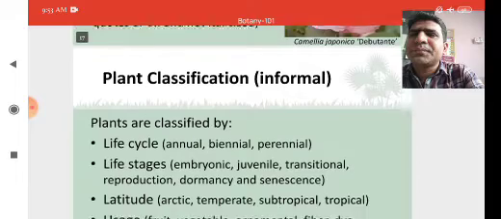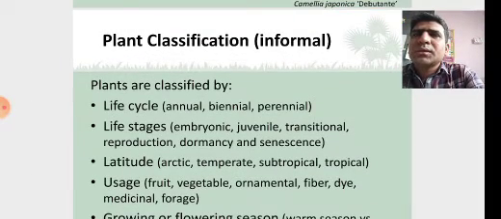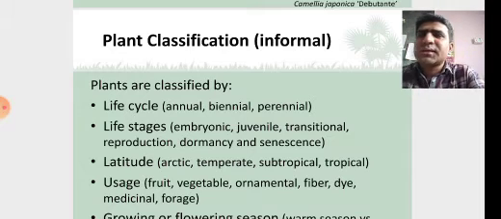Afterwards, in the plant classification process, there is formal classification with a hierarchy, and informal classification by life cycle: annual, biennial, perennial. Life stages are embryonic, juvenile, transitional, reproduction, dormancy and senescence.